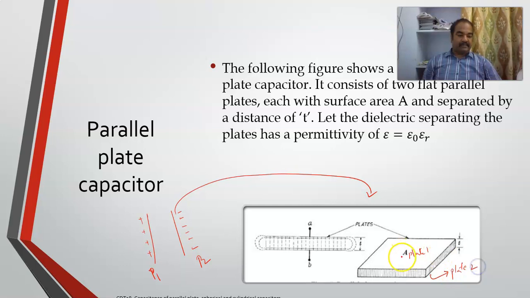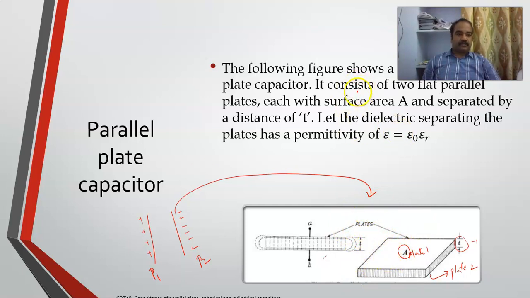Each plate has a cross-sectional area A, and the separation between the plates is t, which is the thickness or separation between the plates. These two plates can be connected across any voltage source, so this voltage source develops charges that flow through it.